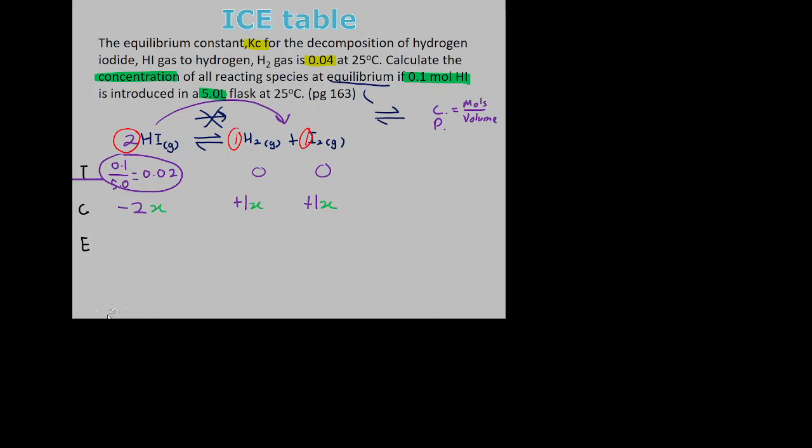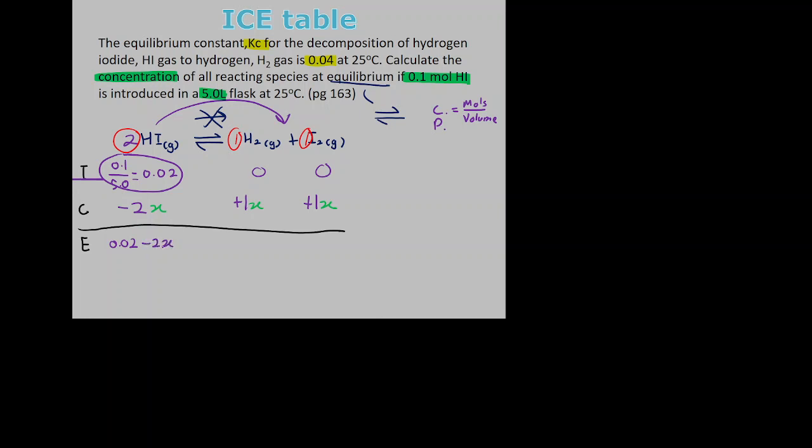This means that at equilibrium, we will have 0.02, which is the initial concentration, minus 2x.